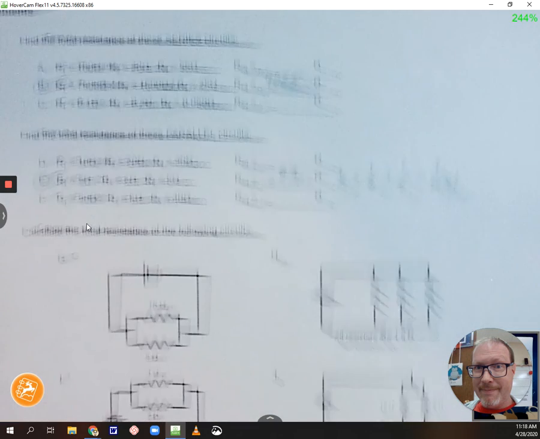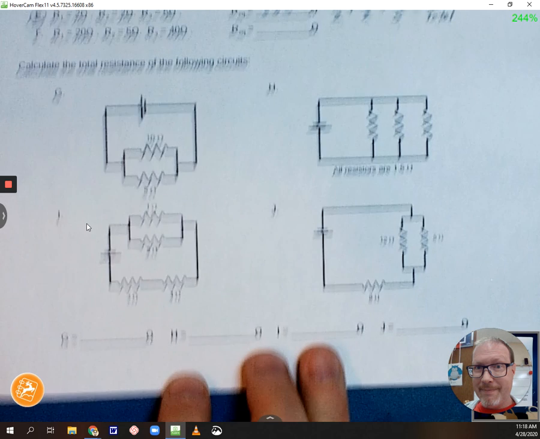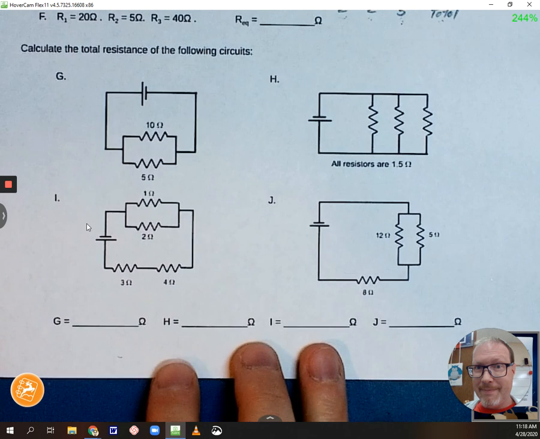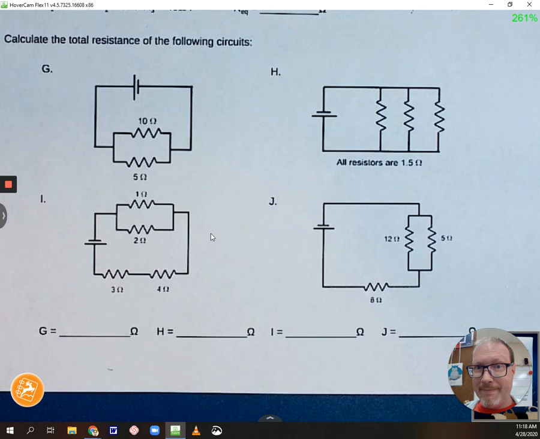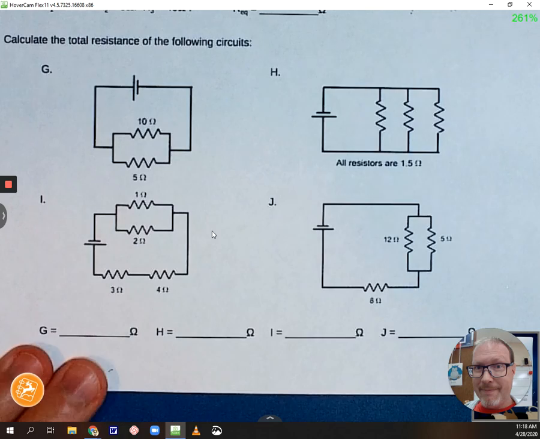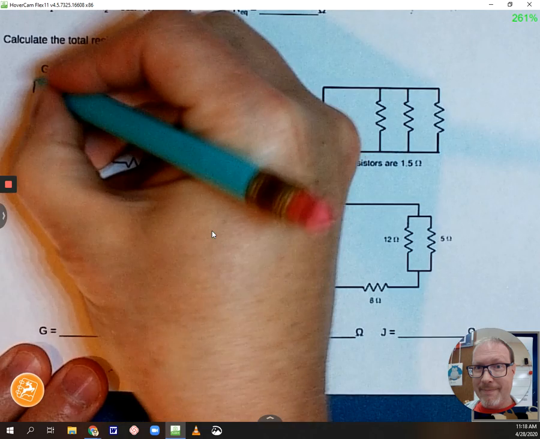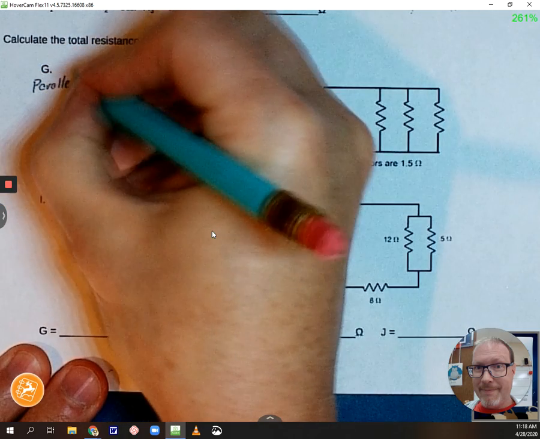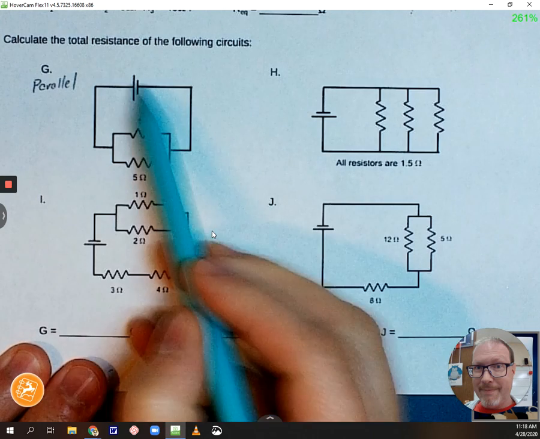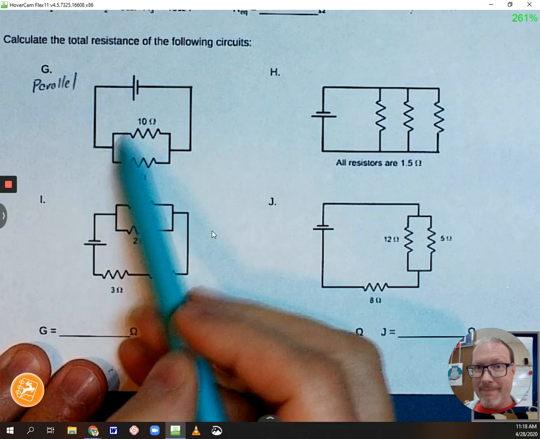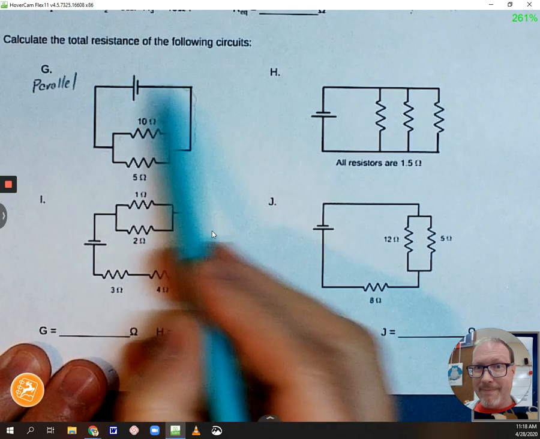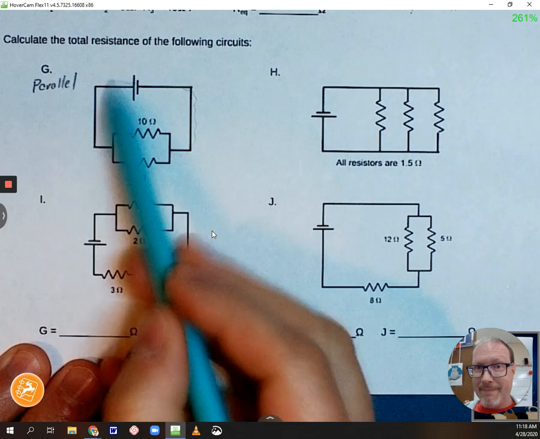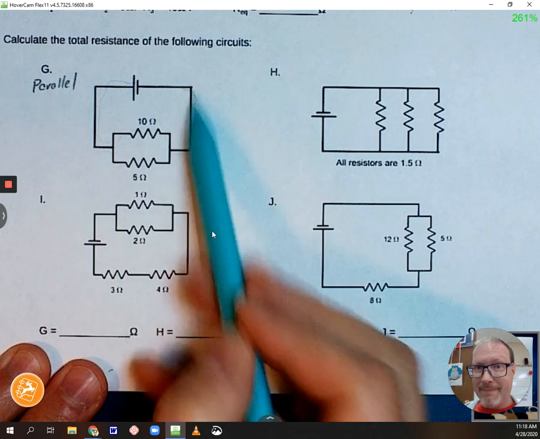Now we're going to come down to the final section here, where they actually show us some circuits and they want us to find the total resistance of the entire thing. Now G and H shouldn't present much of a problem to you because both G and H are parallel circuits. You can tell it's a parallel circuit because there's more than one pathway that the electricity can take to make a complete circuit.